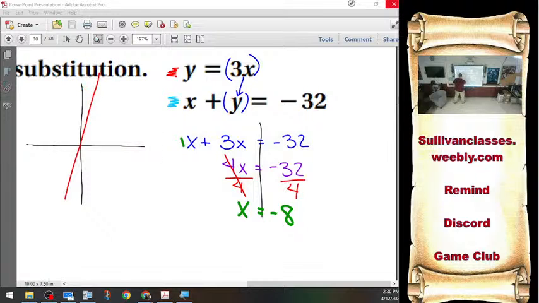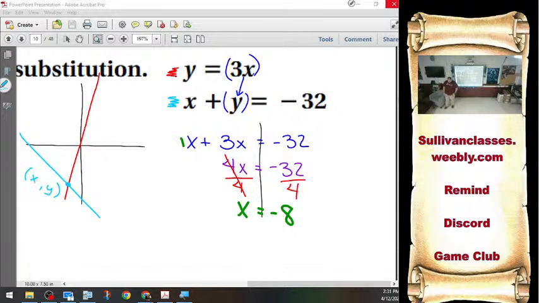Wrong way. Yeah, there we go. That's better. These 2 lines are going to cross at a coordinate, and every coordinate has an x and a y.